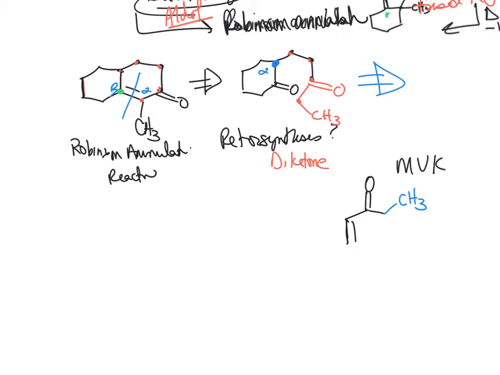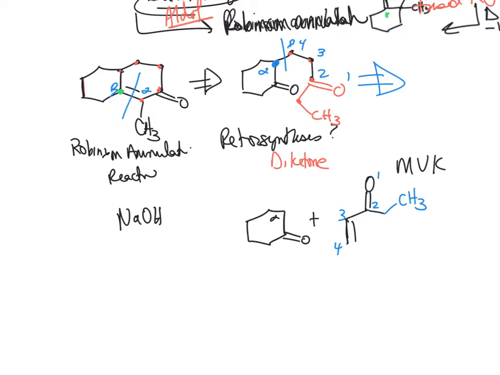Okay, and this is your new bond. And this is your beta. So there's your bonds. And so this is 1, 2, 3, 4. 1, 2, 3, 4. And so if we break the other one, these are your starting materials. Okay, because that's your alpha. All right, and you put this in base.